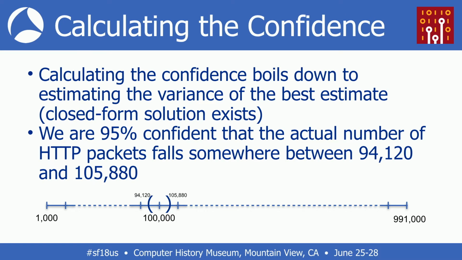There is a closed formula that you can use to get the bounds of this interval. In our example, the formula gives us a lower bound of 94,000 packets and an upper bound of 105,000 packets.